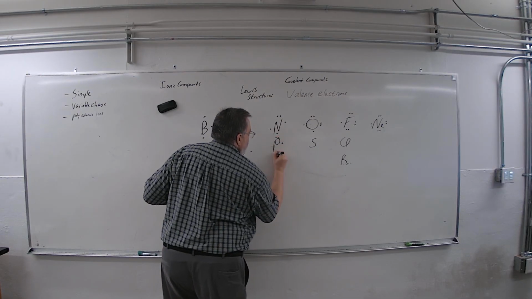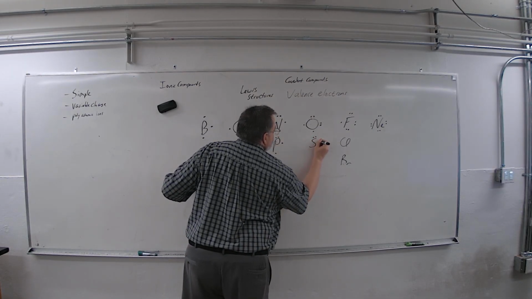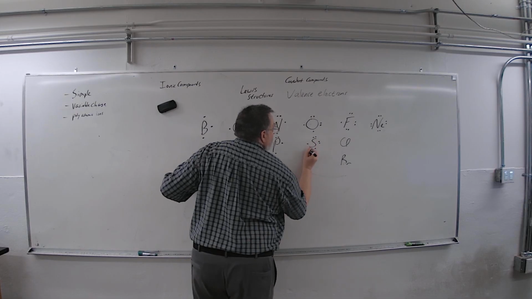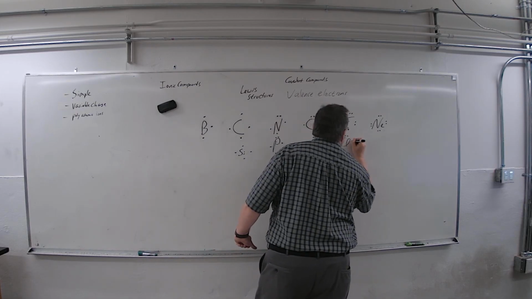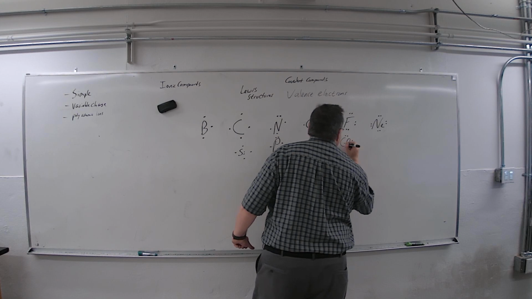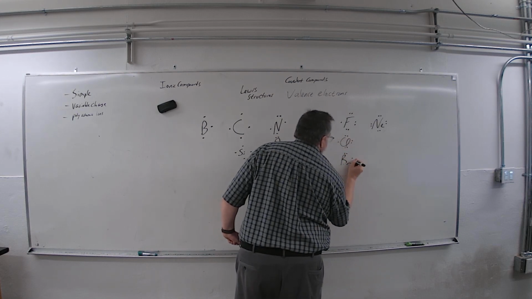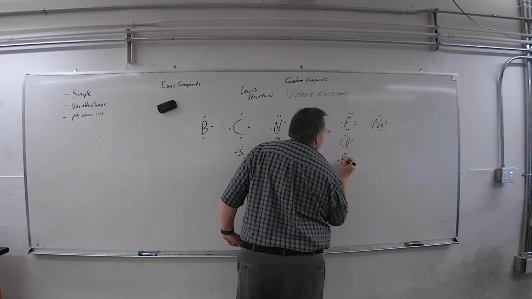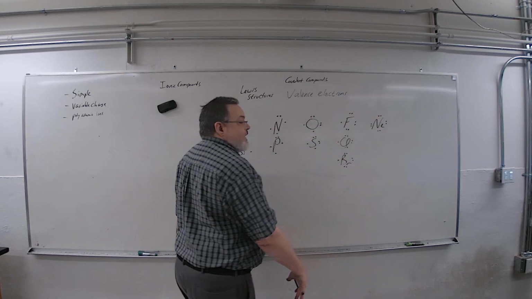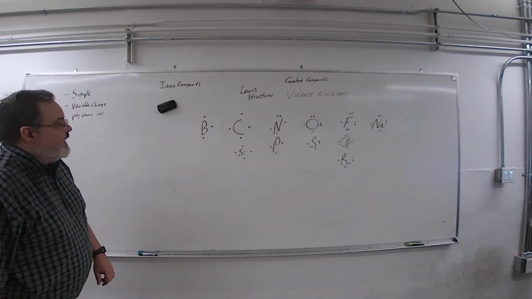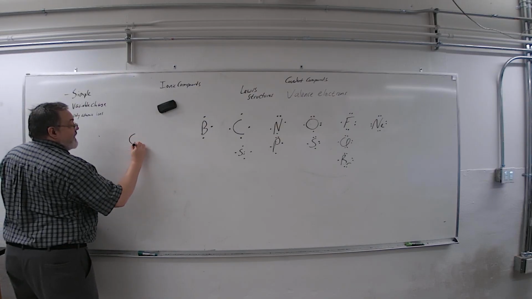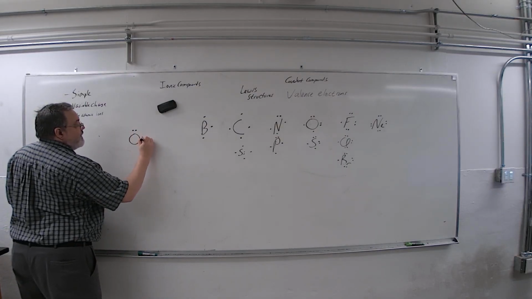But just so you realize, all of these are the same. This one's just like oxygen. This one's just like fluorine. Both of these are just like fluorine. And those are all the same too. We've got 8 around them. And I'll even mention this. I've got oxygen drawn like this over there.